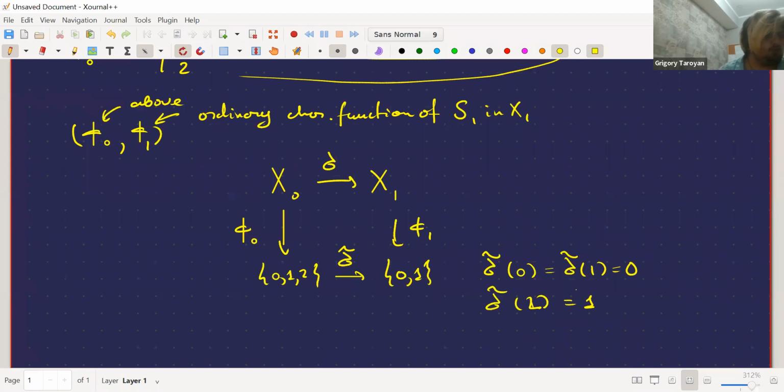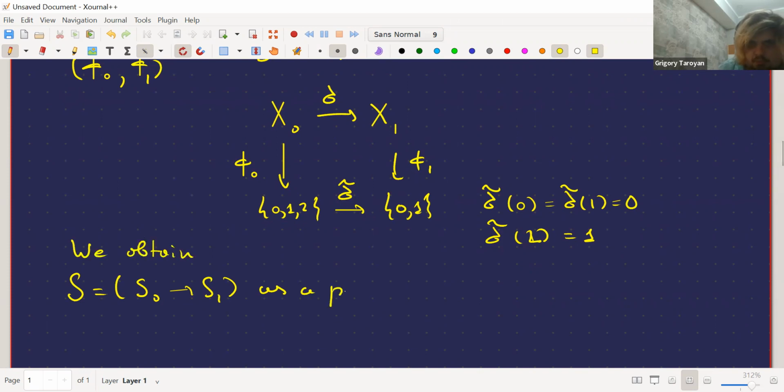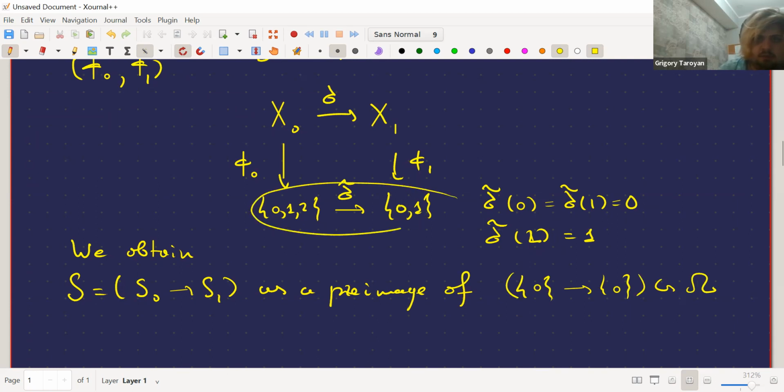We now obtain S equal to S0 to S1 as a pre-image of zero to zero, which goes to omega. So this guy here is obviously omega.